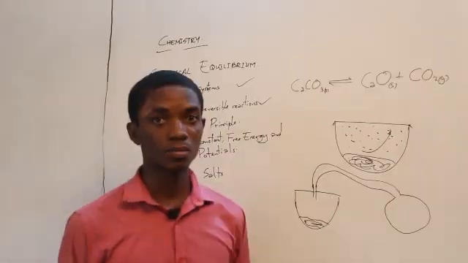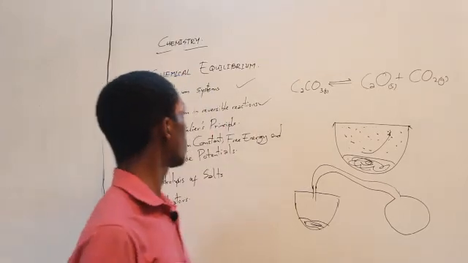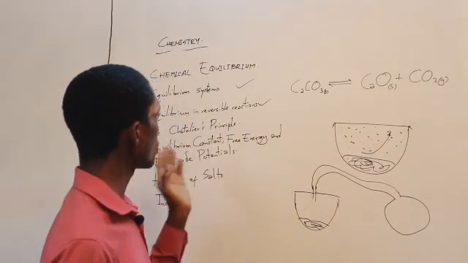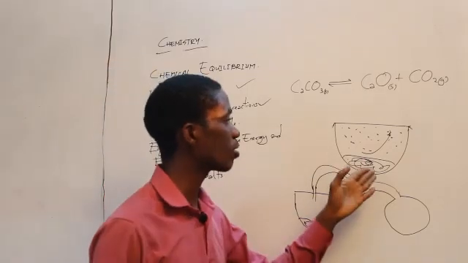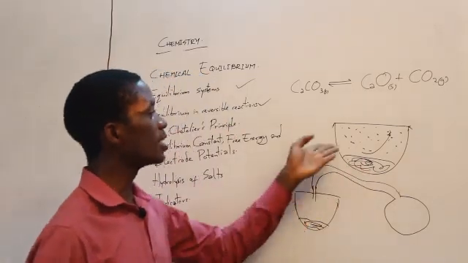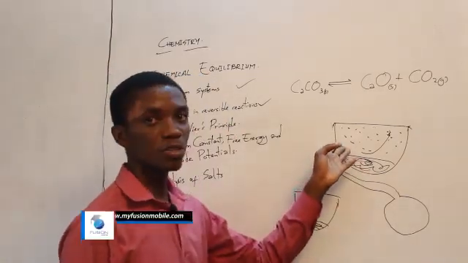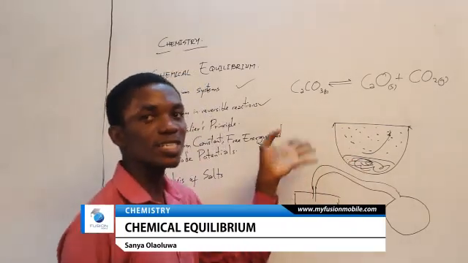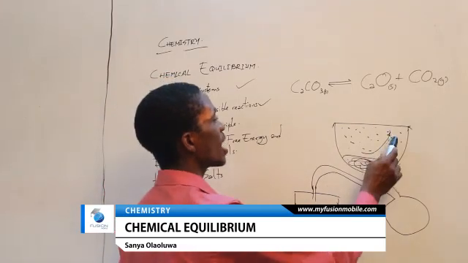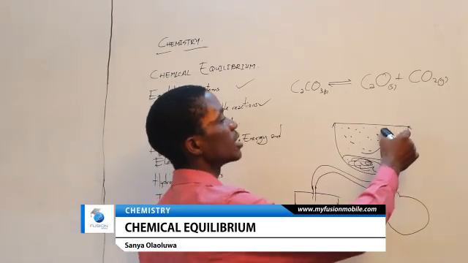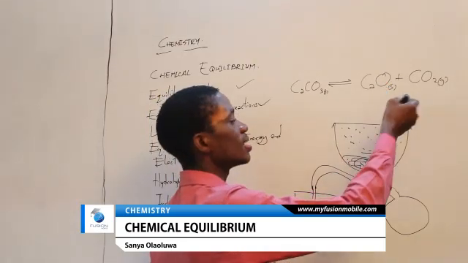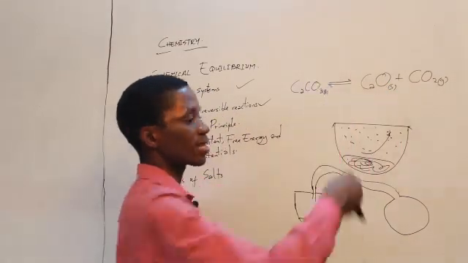All right. So we've talked about equilibrium systems, and we looked at the reversible reaction system. Of course, let me re-emphasize this. This is a closed system. So as the calcium carbonate is being decomposed, since the gas cannot escape, it mixes back with the product which is supposed to stay, and it forms back the original reactant.